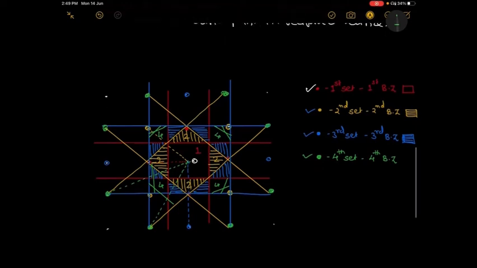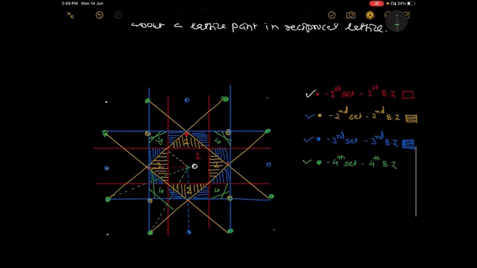The first Brillouin zone is the innermost region enclosed by the four Bragg's planes. If we join the center point to the first set of points and draw the perpendicular bisector, that perpendicular bisector is known as the Bragg's plane.